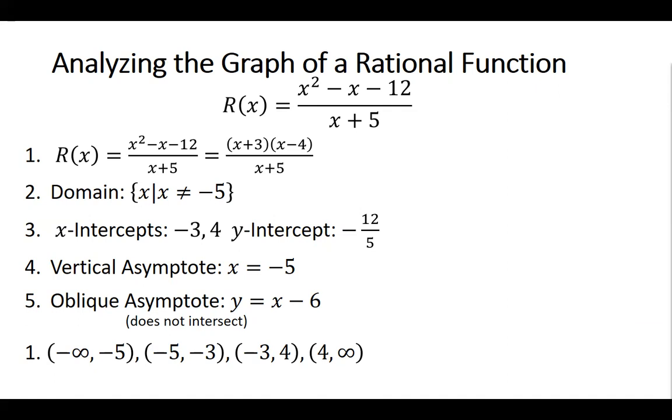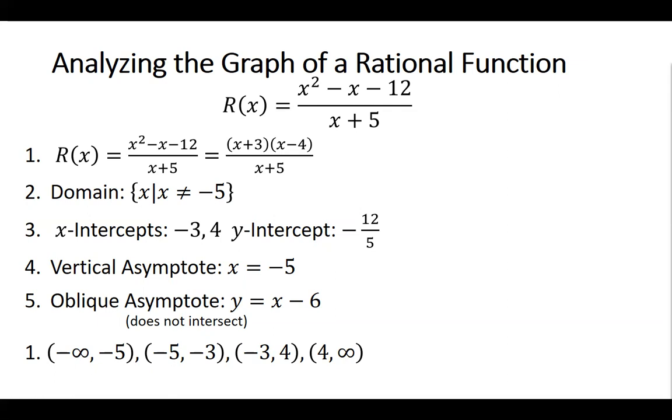Since I know that's negative and I look at all of my zeros and realize they all have degrees of 1, they're odd multiplicity, then that means that the sign is going to change at each of those values. So if -3 to 4, that interval is negative, then 4 to infinity is going to be positive.